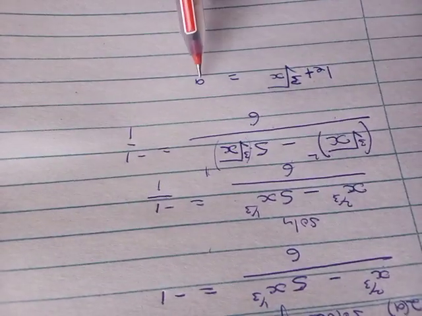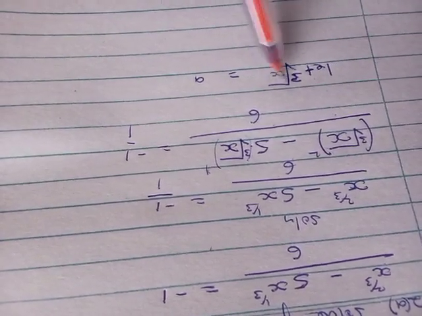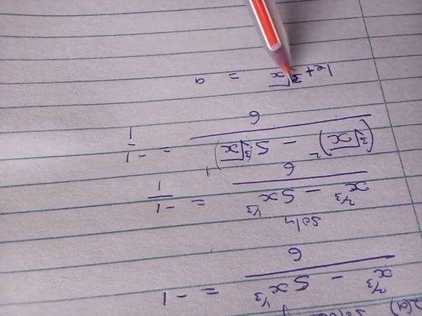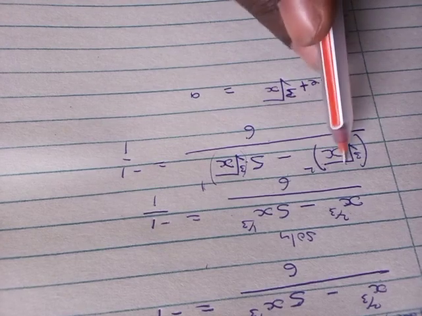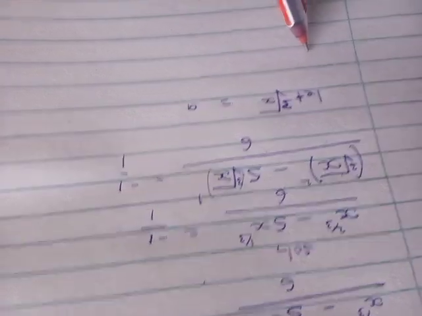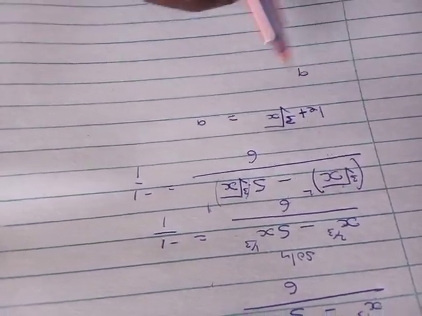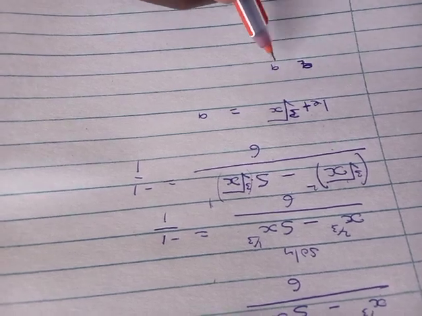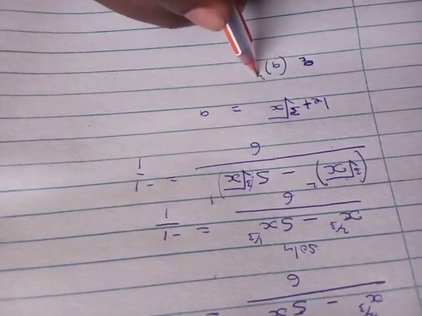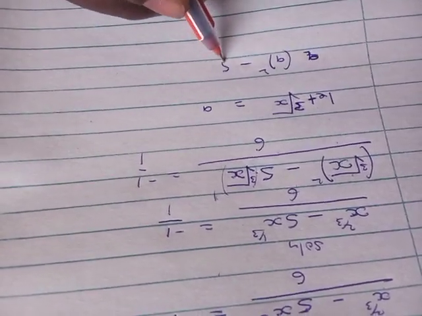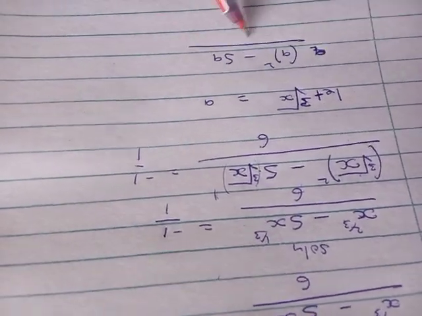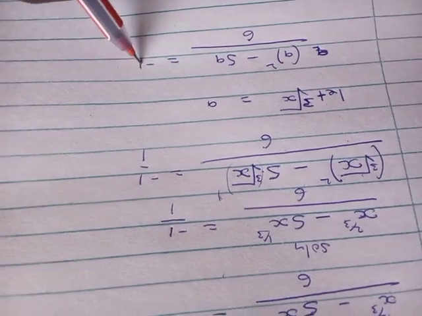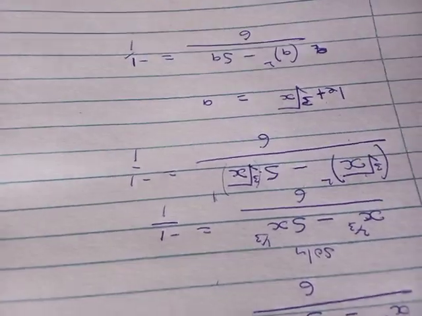So when I substitute, where there is x cube root, I will put a. Then I will be having a squared minus 5 times a, which is 5a, then this one is out of 6, equaling to negative 1, which is negative 1 out of 1.